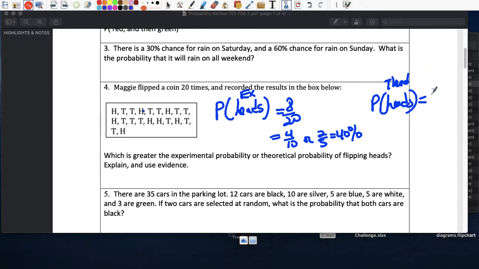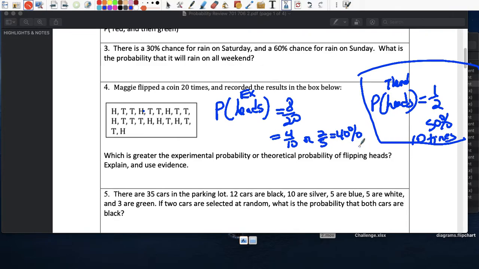Theoretically, what's the probability of landing on heads? It's a half, right? So, a half would be 50%. So before the experiment, we could have said the probability of getting heads is 50%. If you throw the coin 20 times, I'm going to expect the coin to land on heads 10 times.